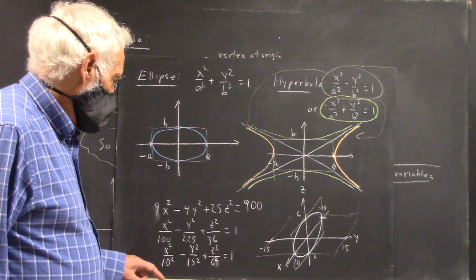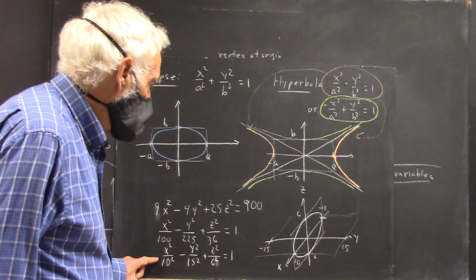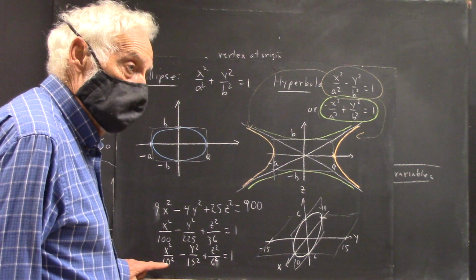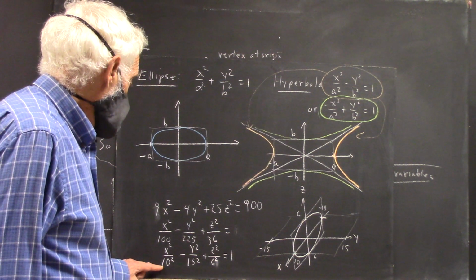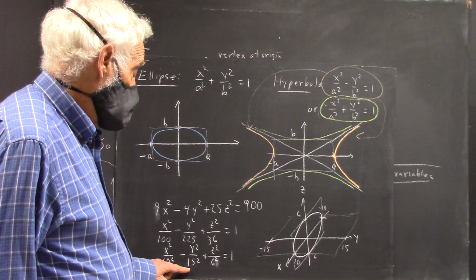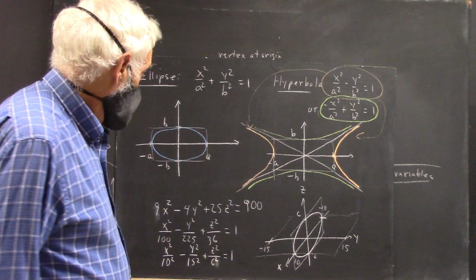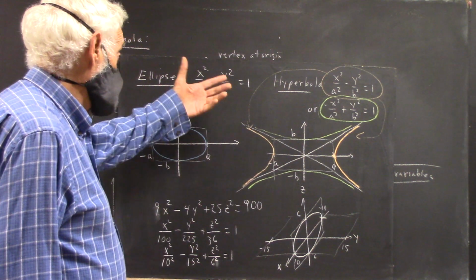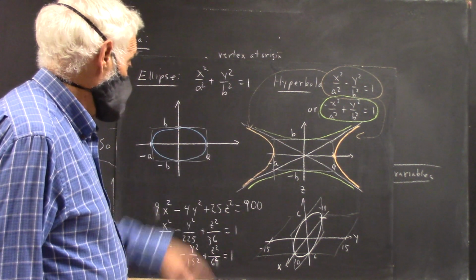In the xy plane, you're going to have a hyperbola because of the minus here. A is 10, B is 15. Well, there's your rectangle. It's totally consistent with what we saw up here.